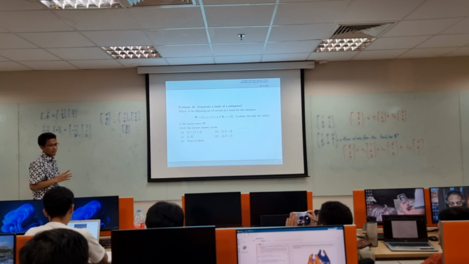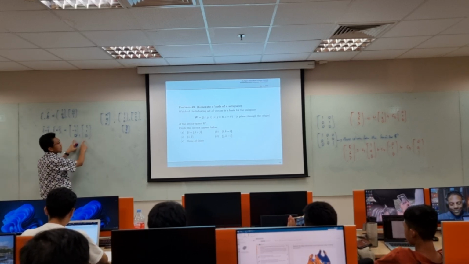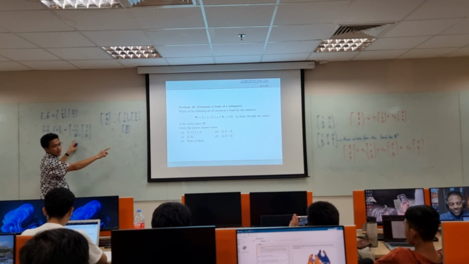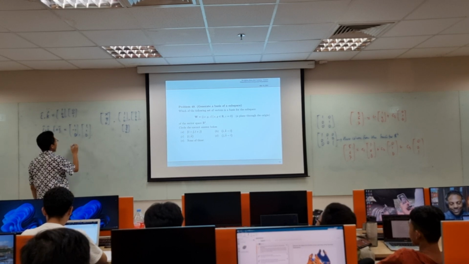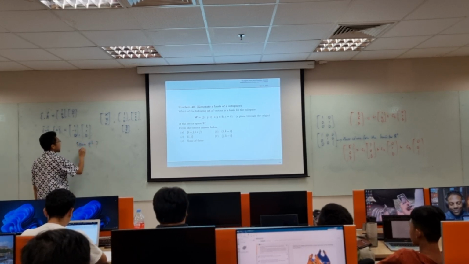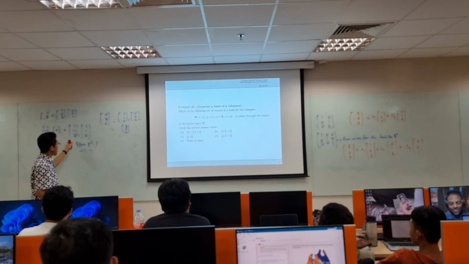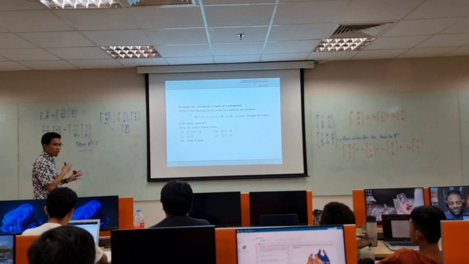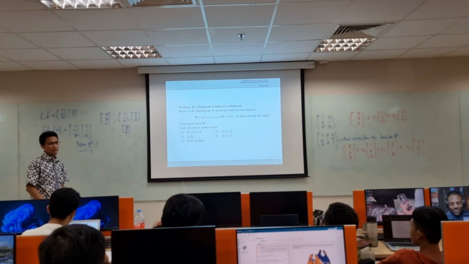Cannot. Okay, and then do these two columns span R2? The answer is yes, because they are linearly independent, and when you take a linear combination, it will fill up the space in R2.